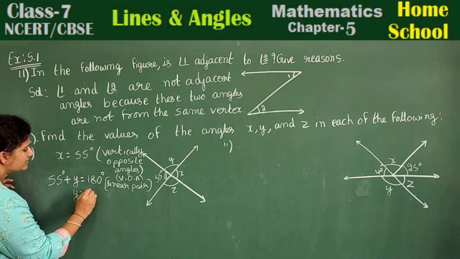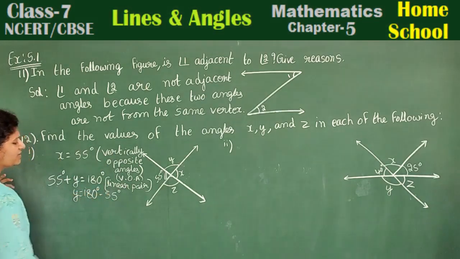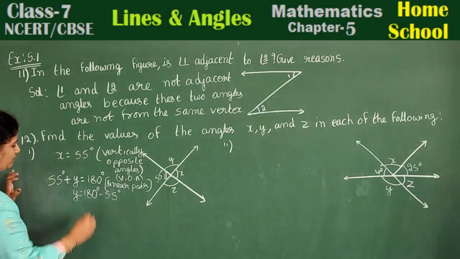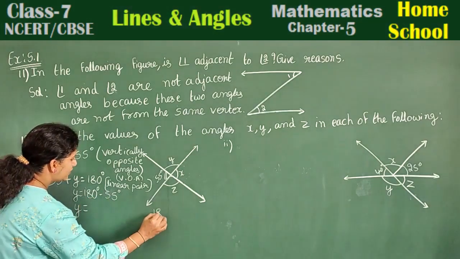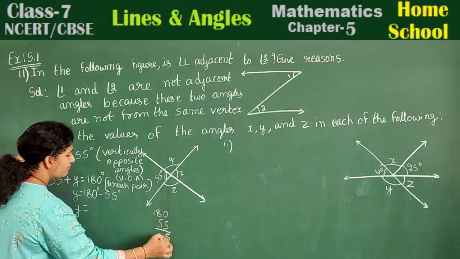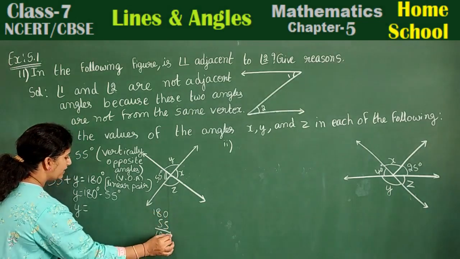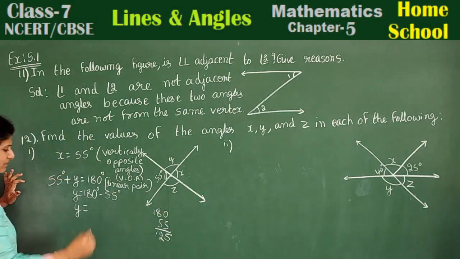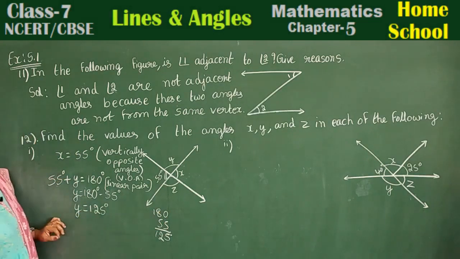It will be subtracted. 180 degree minus 55 degree. That is y is equal to 180 minus 55. Do it, children. 10 minus 5 is 5, 7 is left, 7 minus 5 is 2, 1. Is it 125 degree? Yes. y is equal to 125 degree.